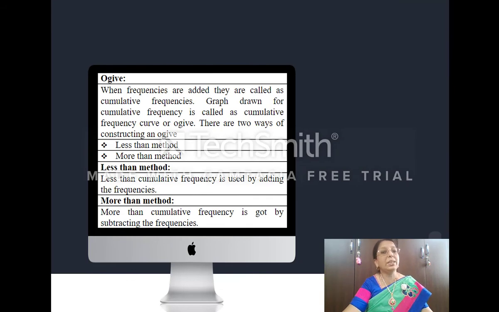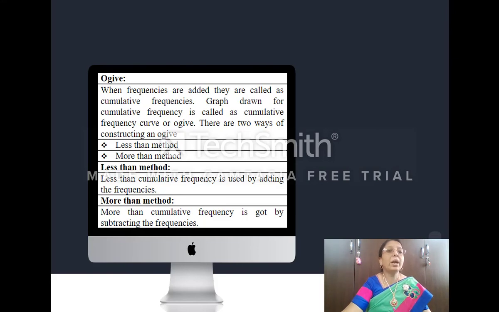Now the ogive: we have two ogives, the less than cumulative frequency curve, which is the less than ogive, and the more than cumulative frequency curve, that is the more than ogive. When you draw it for the cumulative frequency, it is the cumulative frequency curve or the ogive. So what is cumulative frequency first? When you have x values and the frequency, or class interval and the frequency, your frequency may be, for example, 5, 3, 2, 1.